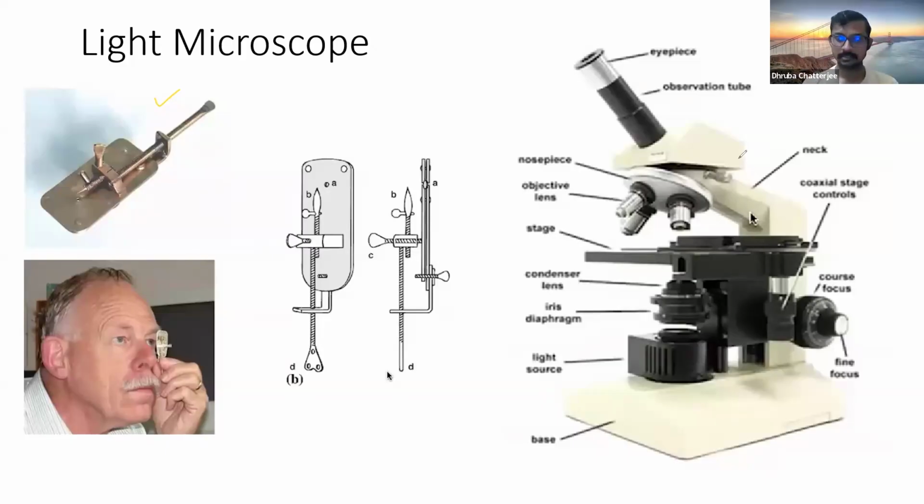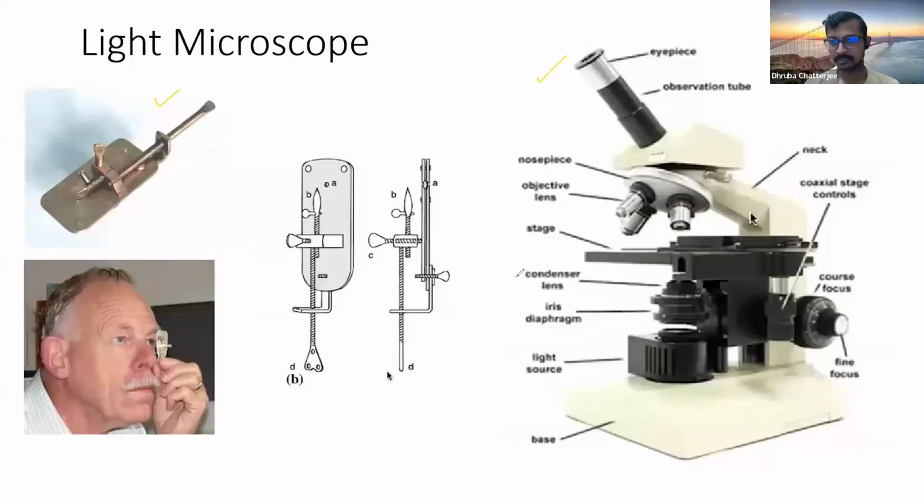Whereas on the other hand, the more complex model is the compound light microscope. In comparison to the simple light microscope, the compound microscope has a much more complex arrangement of several lenses.